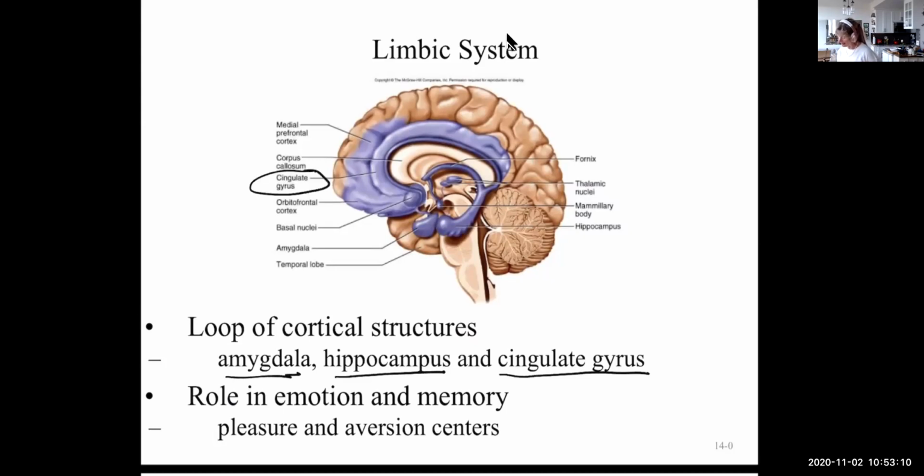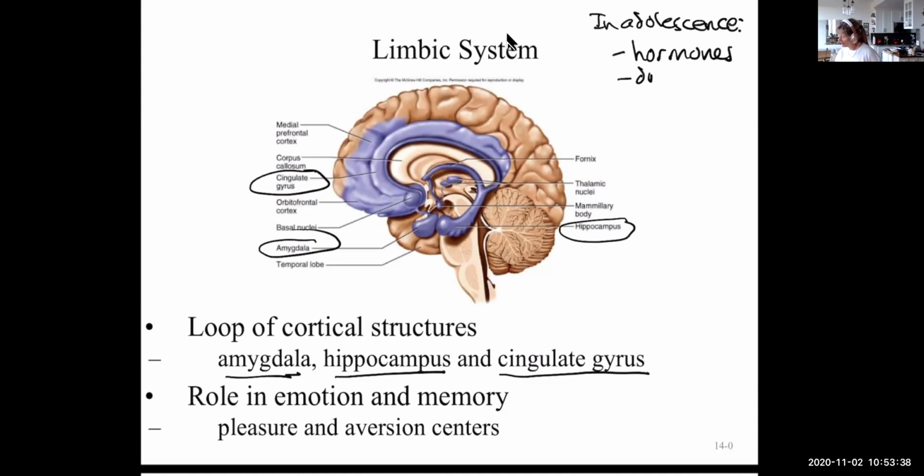And there's a role of emotion and memory. But with a teen, so in adolescence, the role has more to do with hormones, if you recall, drives, and emotions.